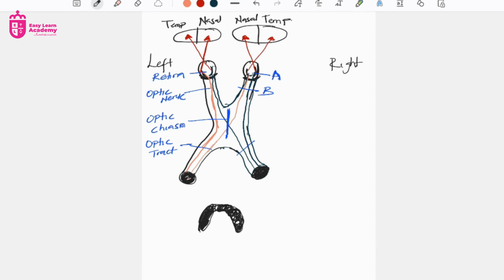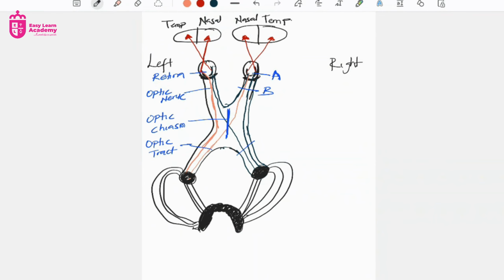And remember, we're just illustrating this so that it's easier for you. You don't need to draw it in the exam. So 1, 2, 3 lines, and 1, 2, 3 lines.